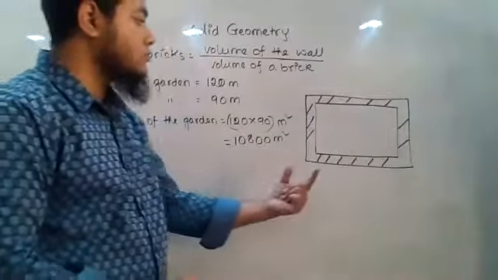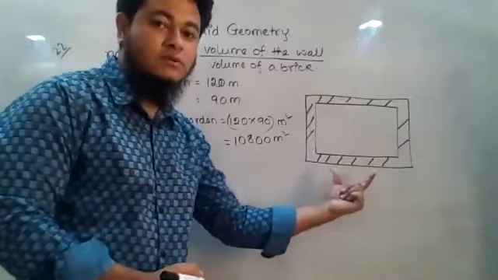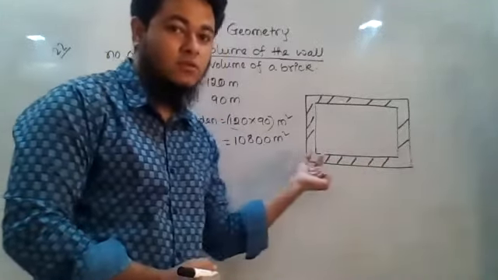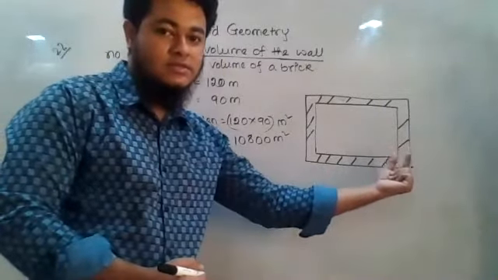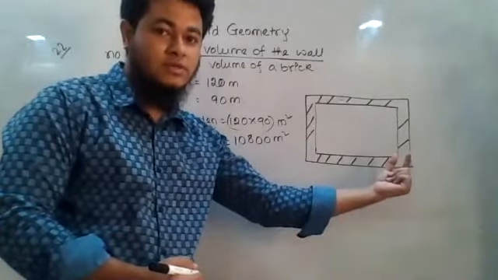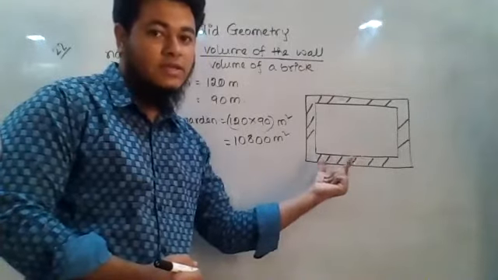Now we will try to find the length of the inner rectangle. To find it, I have to subtract the thickness of the wall twice from the length. This is the wall, this is the thickness, this is the length of the garden. From here I subtract one thickness, and from this side one thickness, then I get the inner length.